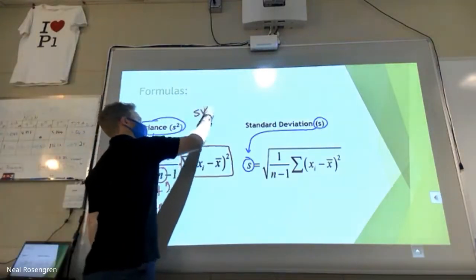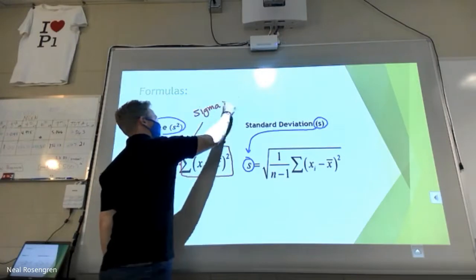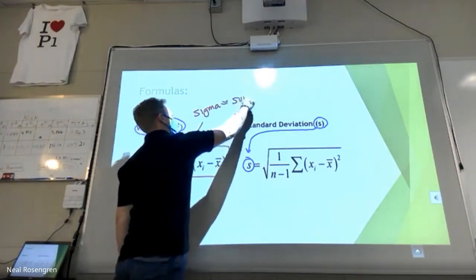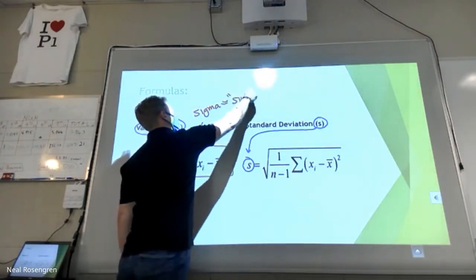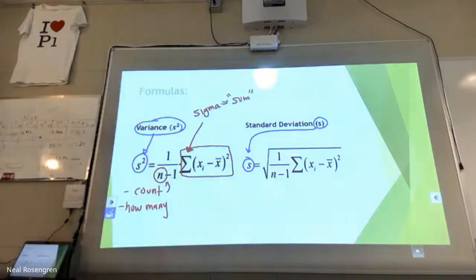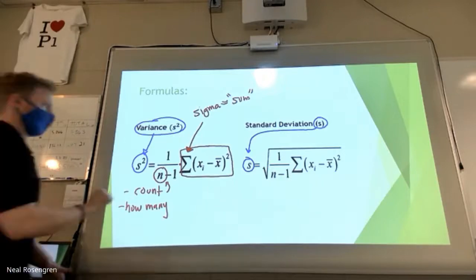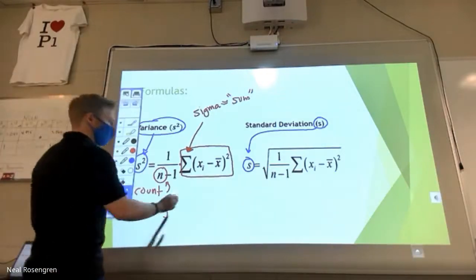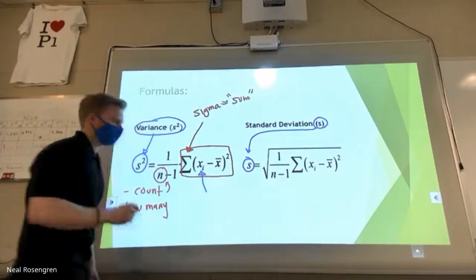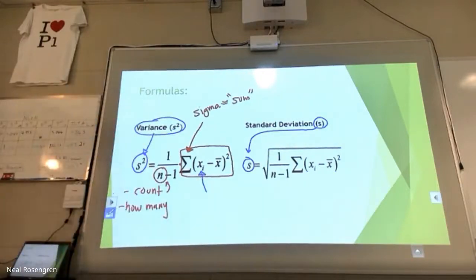And what it means is the sum. In other words, add up some stuff and let's see what we get. This X with the little i right there, those are going to be all of your individual points.